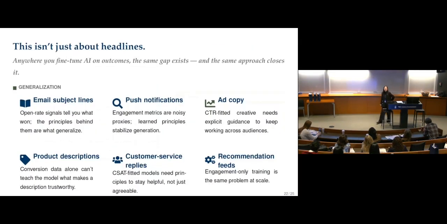And this method is not just about headlines, although I've been talking about headlines, but it concerns a lot of content generation problems, like email subject lines, push notifications, ad copies, product descriptions, whatever content with some customer engagement metric you want to optimize. When you try to optimize that particular engagement, you need to think about the unintended behavior that could happen due to blindly using naive fine-tuning.